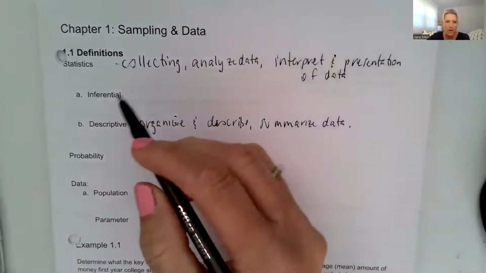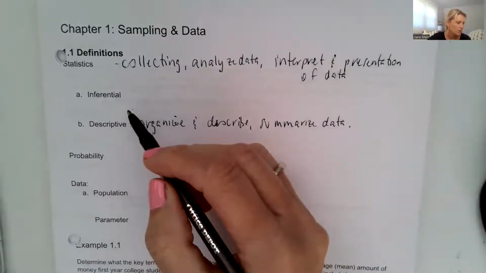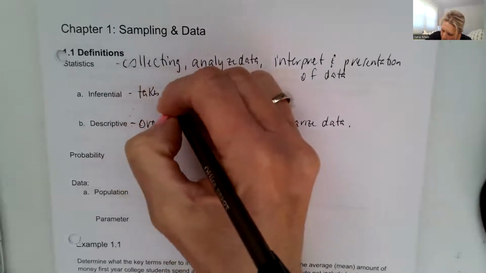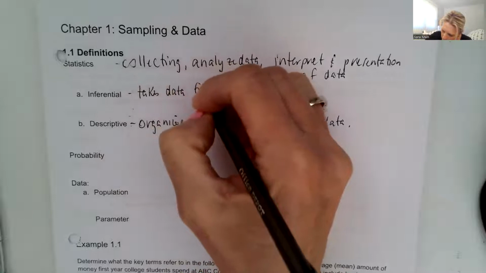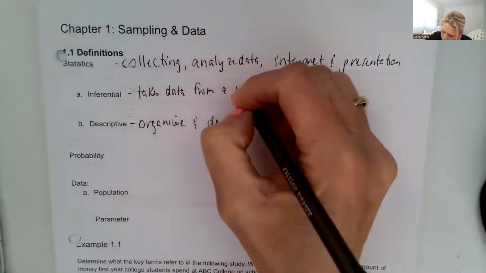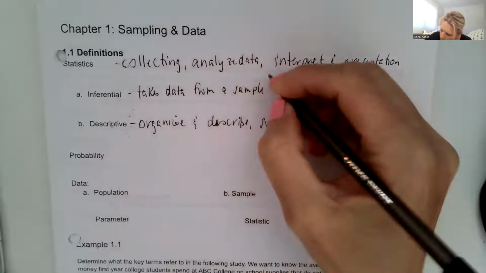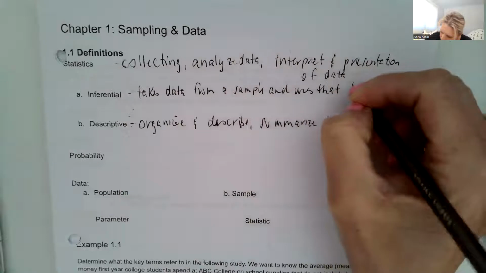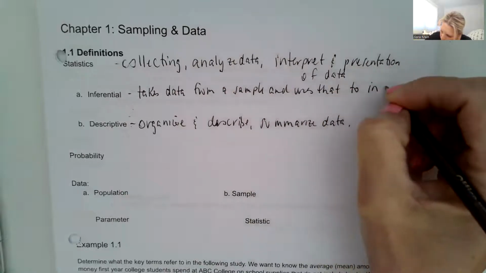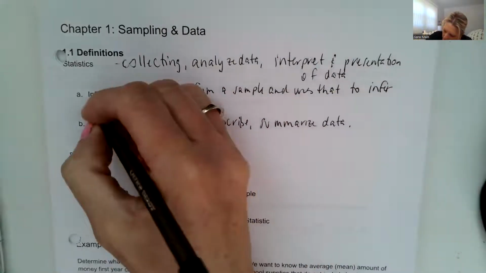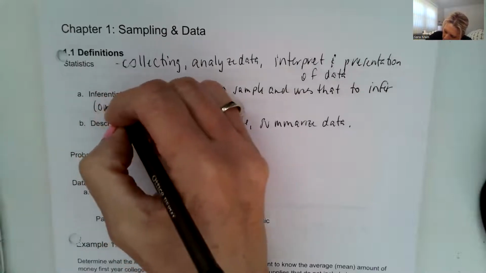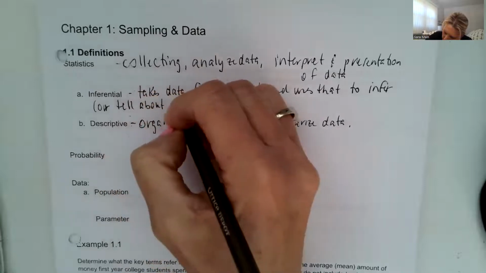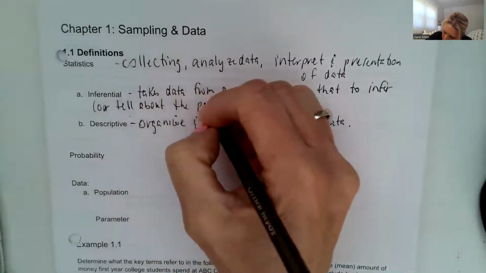Okay. Inferential statistics takes data from a sample and uses that to infer, or tell about, the population.